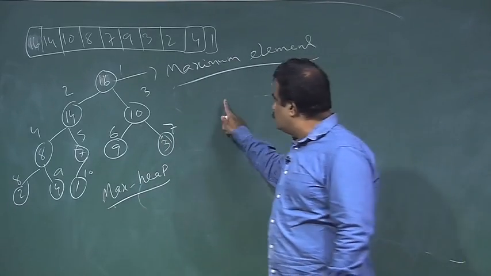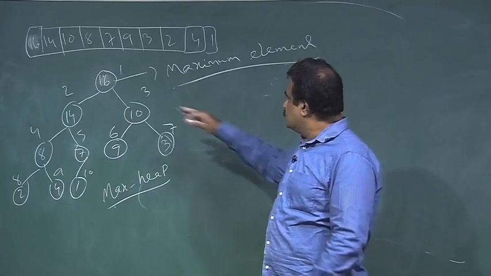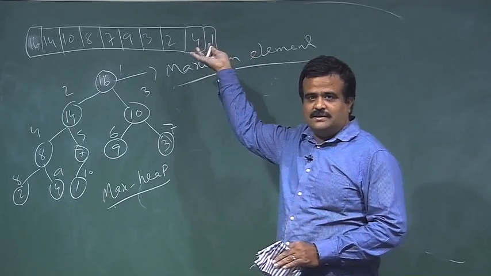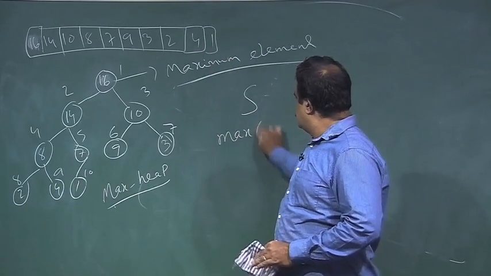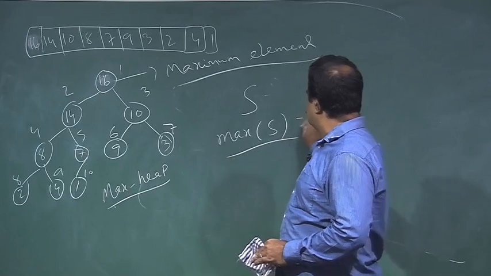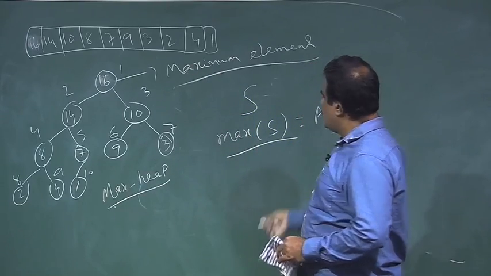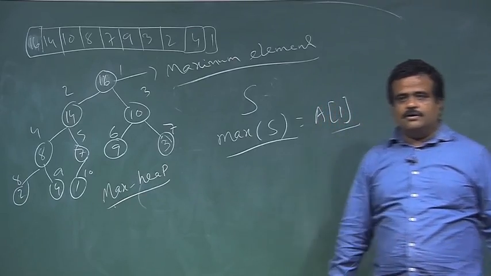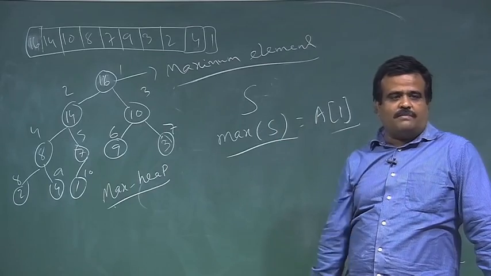We should be able to perform max queries: max of S, where this set is S, is the maximum element. This is the root, A1, if the array is a max heap array.